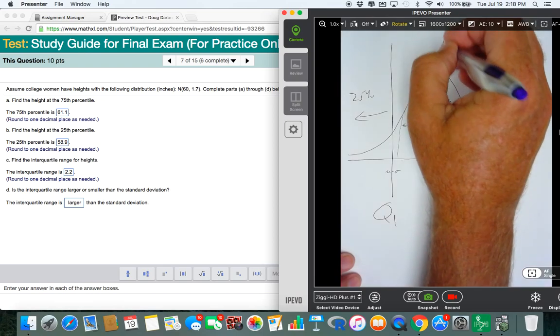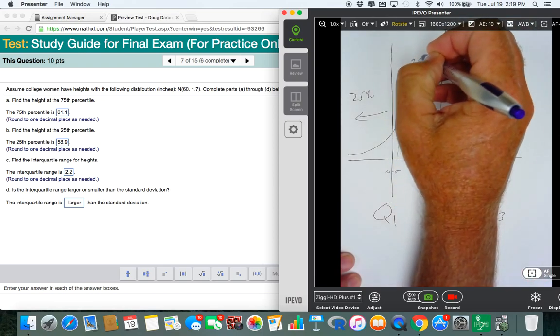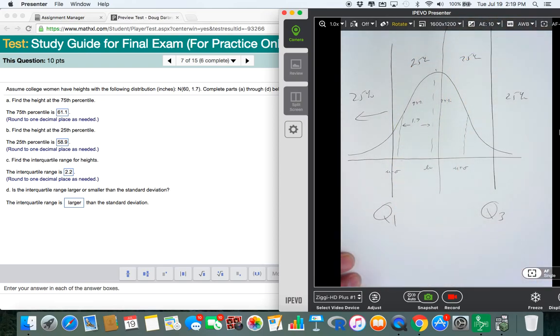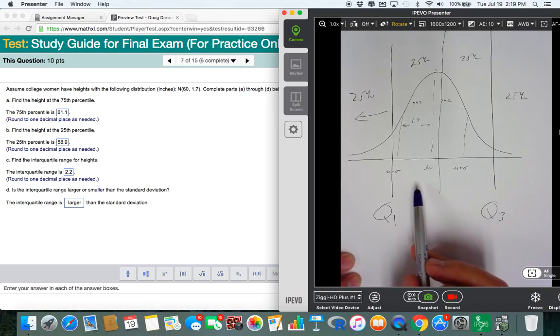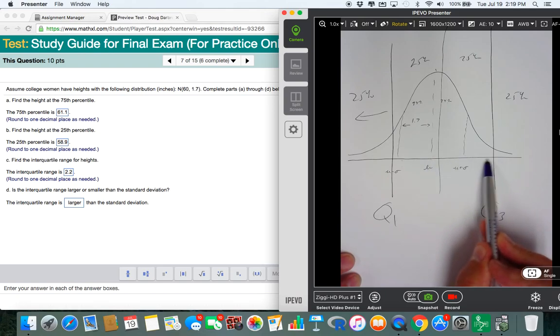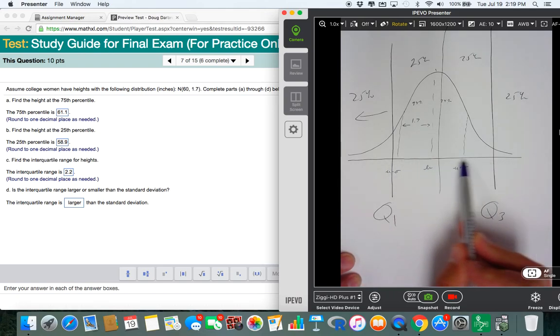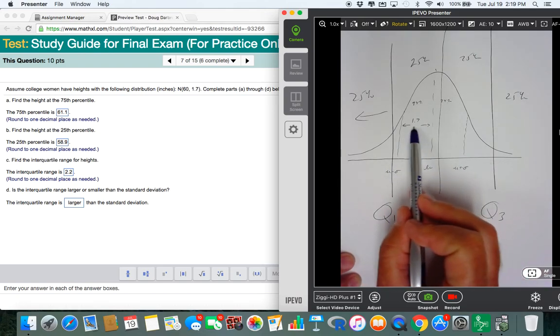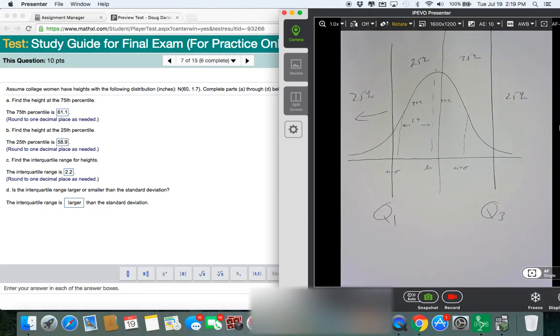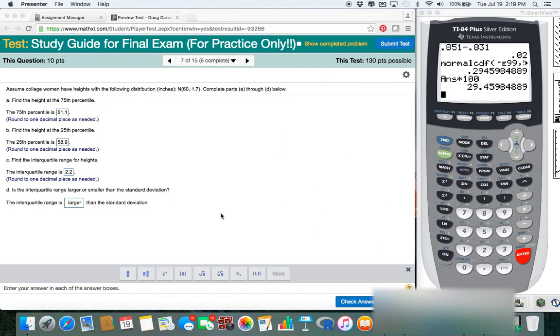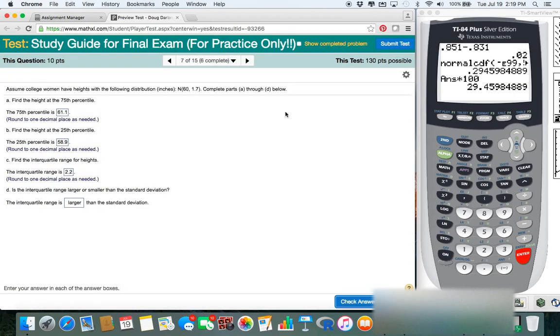So we've got this in the center, and we have 25% and 25%. So what does the IQR do? It gives us the range of the middle 50%. Well, guys, that has to be bigger than that part right there. No brainer. It can't be otherwise. All right, let's check our answer. It's going to be right.